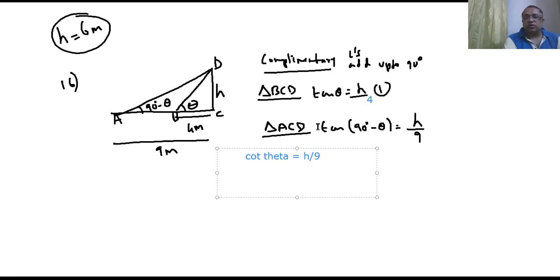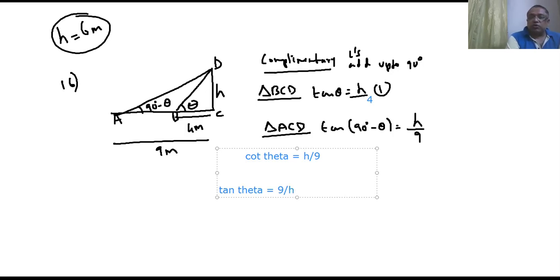We are going to equate this first. If cot theta is h by 9, therefore I can say that tan theta is equal to 9 upon h. Isn't it? Because cot and tan are reciprocals. So if cot theta is h by 9, tan theta will be the reciprocal of that, that will be 9 by h.